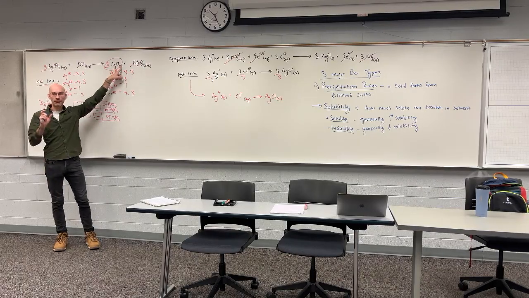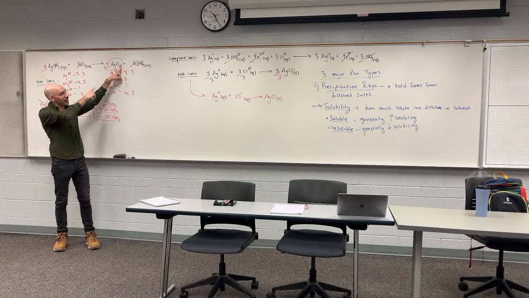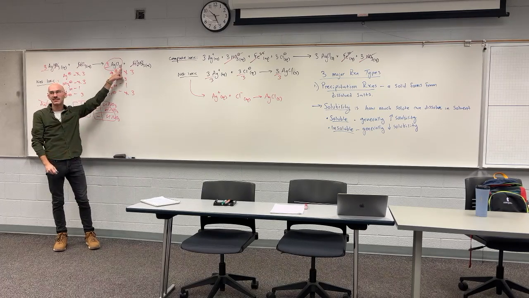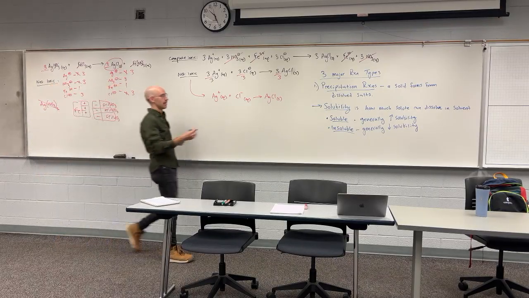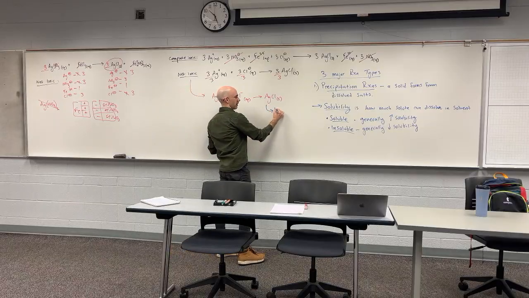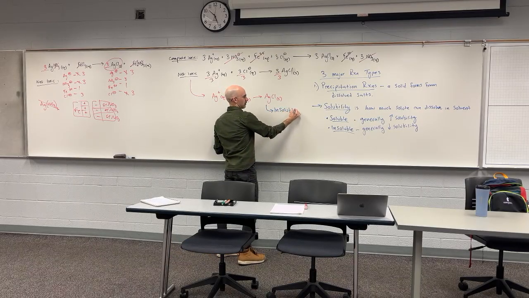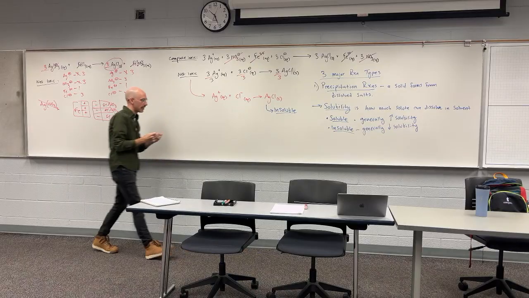By using the phase solid, I've seen students think that we're saying that it is soluble. So this is the part I want you to not trip over. If the chemical has (s) written with it, it means it's insoluble. In this example, silver chloride was insoluble.